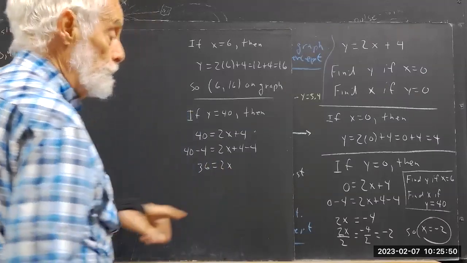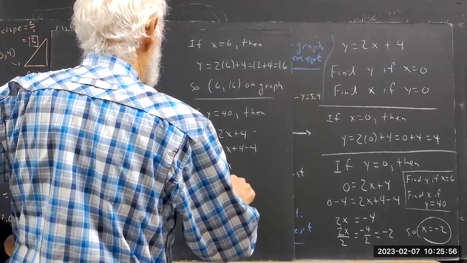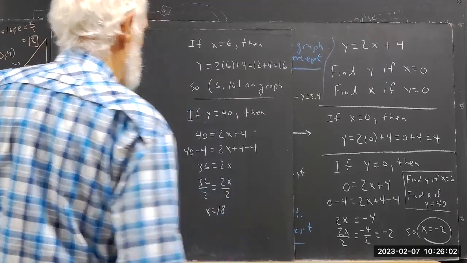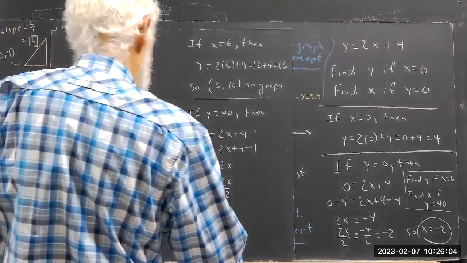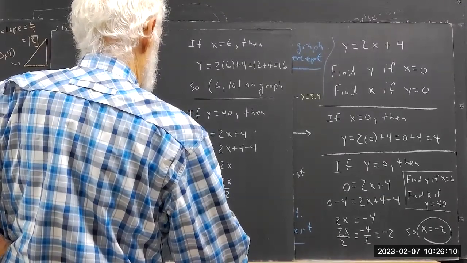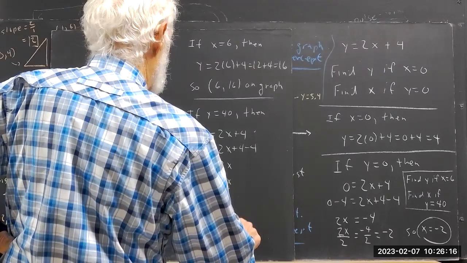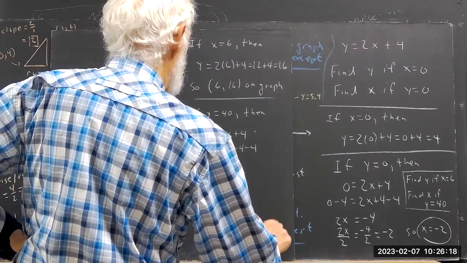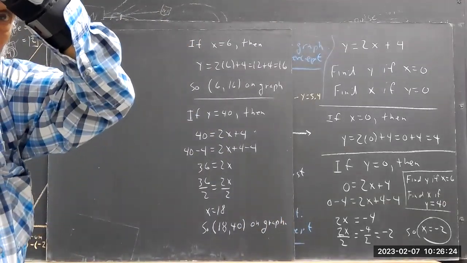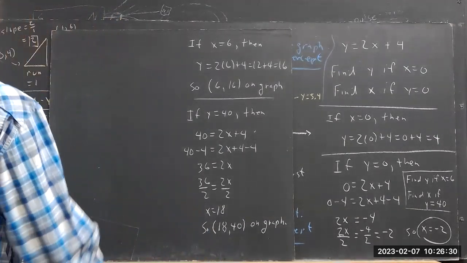And then you're going to divide both sides by 2, so you get x equals 18. So the point (18, 40) is on the graph. Okay, so now we could sketch another graph for the function.